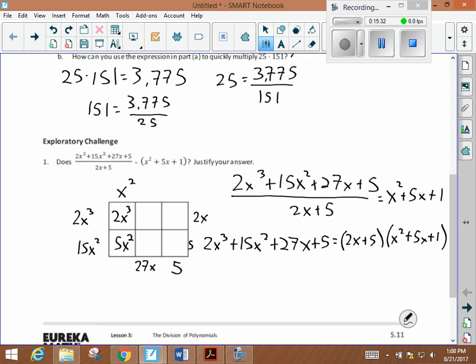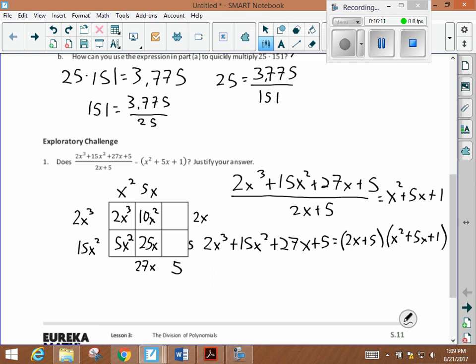What quantity would that be? 10x squared. All right, now I need to fill in the top. And in order to do that, I need to say, hey, what did I have to multiply 2x by to get 10x squared? And that turns out to be 5x, right? Because 5x times 2x is 10x squared. And then I can just multiply the 5x times 5. And that's going to give me 25x.